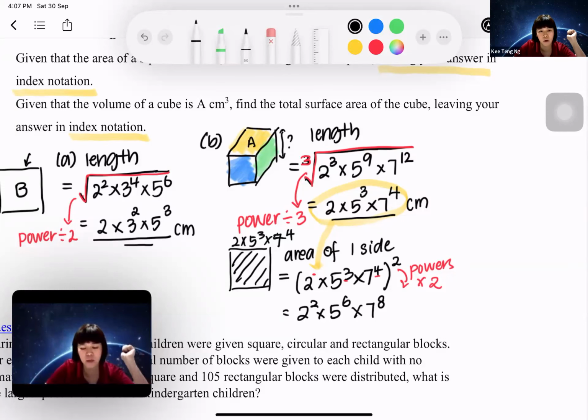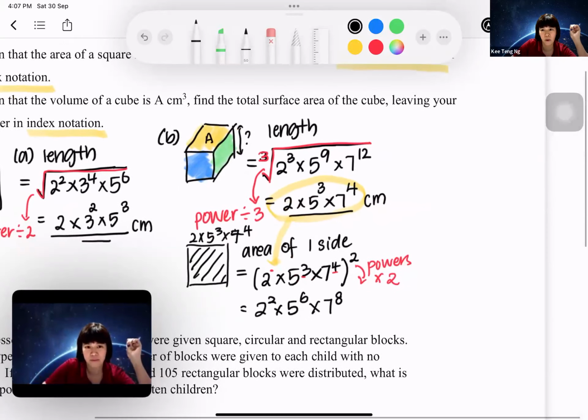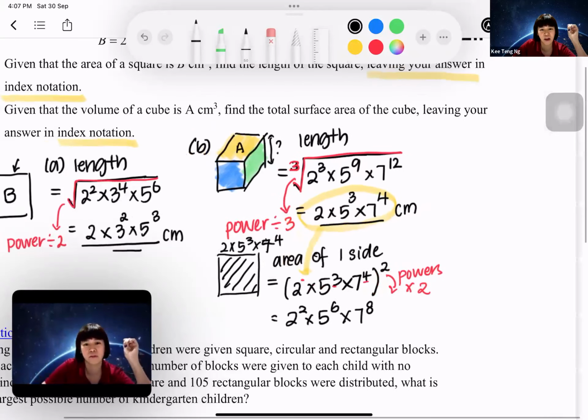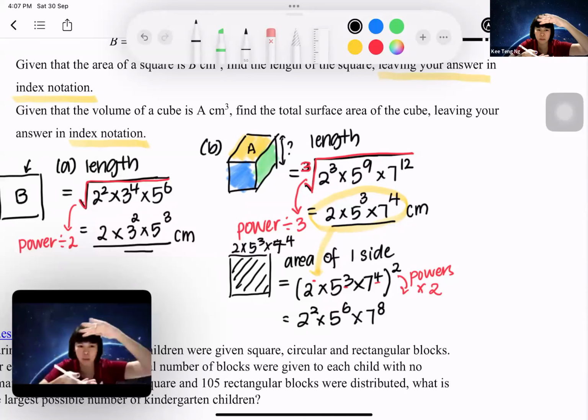So total for a cube will have not 4, but how many? Amira, you know? 5. One more. Everything got 2, from 6 sides: left-hand side, right side, front and back, then top and bottom. So there are 6 sides in total.